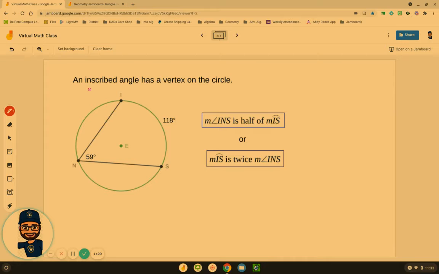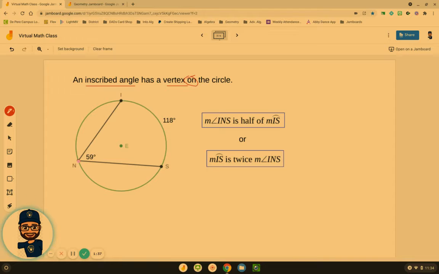An inscribed angle has the vertex on the circle. It's not in the center anymore. It moved out here on the circle. Okay, big difference.